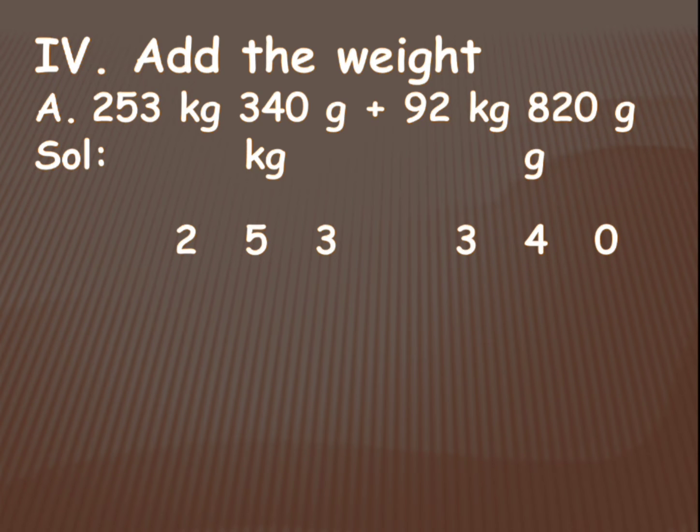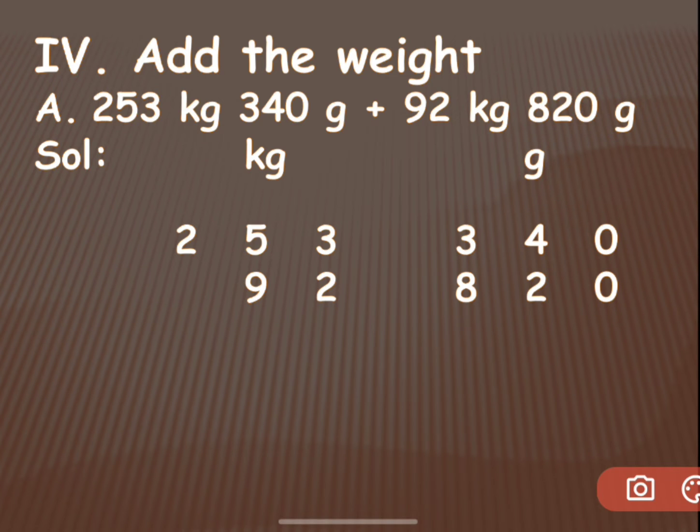Now we have done with the first one. Now second one, 92 kgs, 820 grams. See here, children. So 92 means 2 is in ones place, 9 is in tens place, isn't it? In the same way, if it is 192, this 1 is in hundreds place, so you will write it under 100. For grams also you have ones, tens, hundreds. For kgs also you have ones, tens, hundreds.